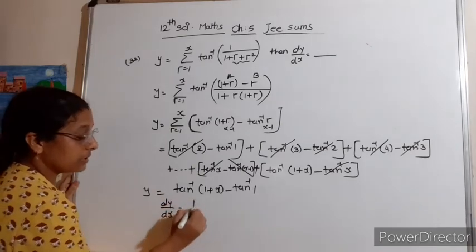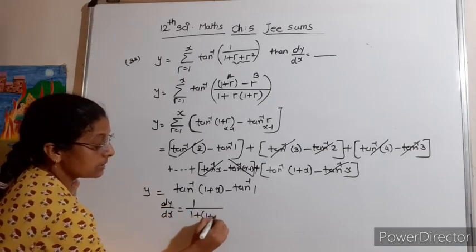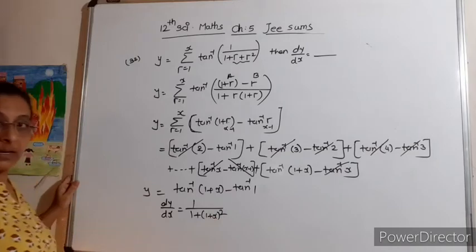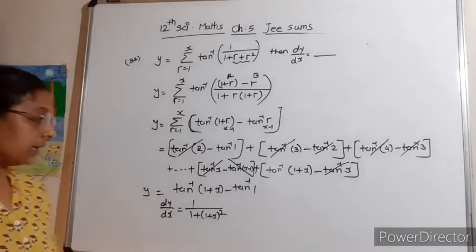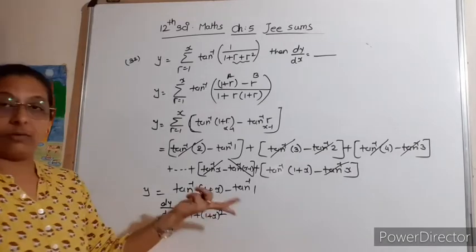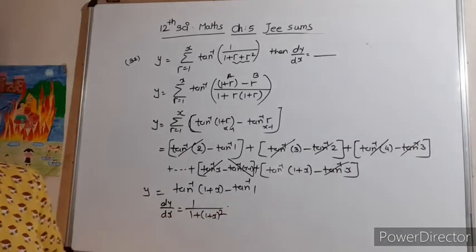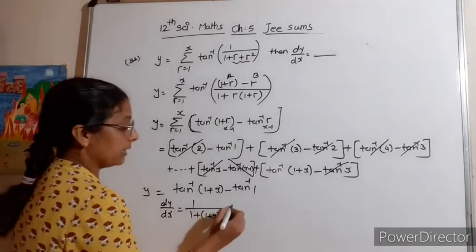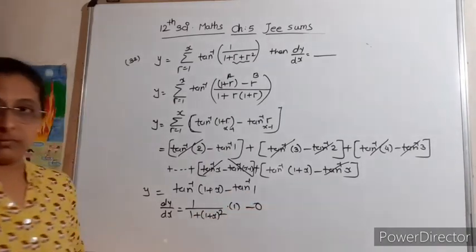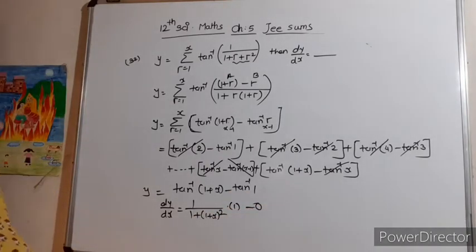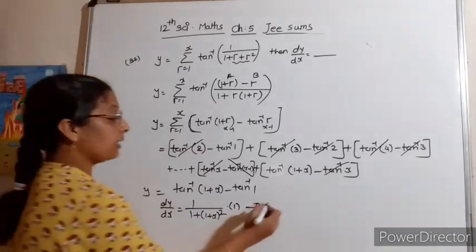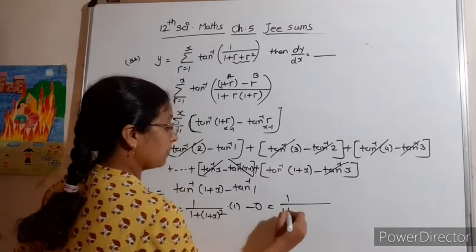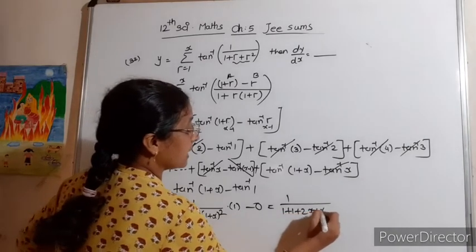And then we'll find dy by dx. तो tan inverse की डेरिवेटिव 1 upon 1 plus x square. तो x की जगह पे जो है ये लिखा, इनटू ब्रैकेट की डेरिवेटिव तो 1 ही होगी, उसे लिखने की जरूरत नहीं है, और ये डेरिवेटिव होगी 0. So if you expand the bracket then also right, नहीं किया और ऐसे ही रहने दिया तो भी चलेगा, और you will write 1 plus 1 plus 2x plus x square.